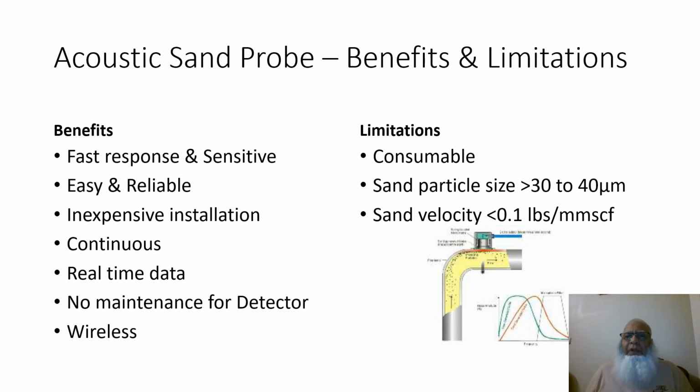Limitations are that it is consumable, because the probe will keep on losing its weight and integrity. It can be limited to sand particle sizes of more than 30 to 40 micrometers. Sand velocity is said to be less than 0.1 pounds per million standard cubic feet.